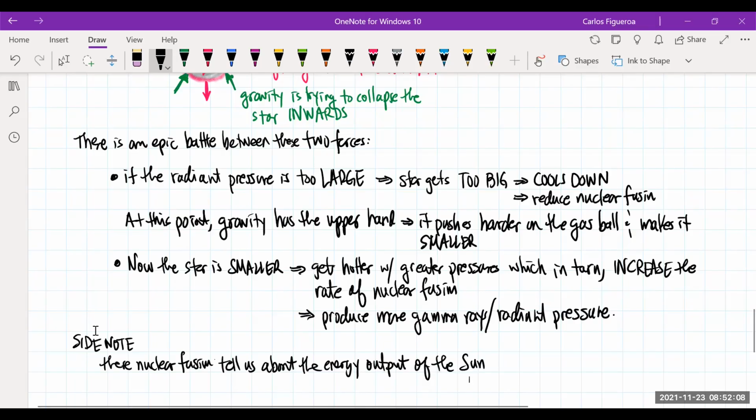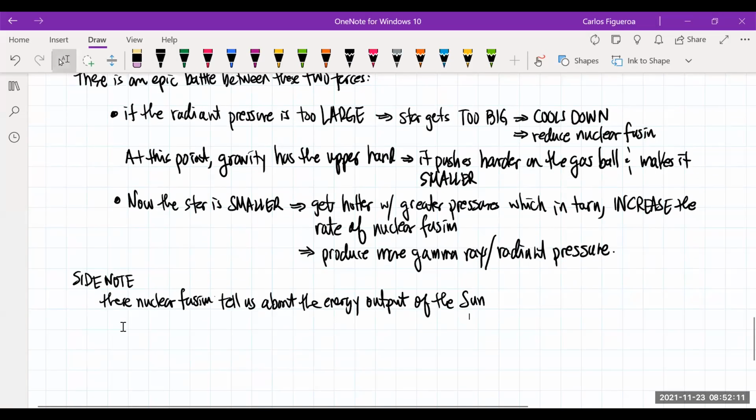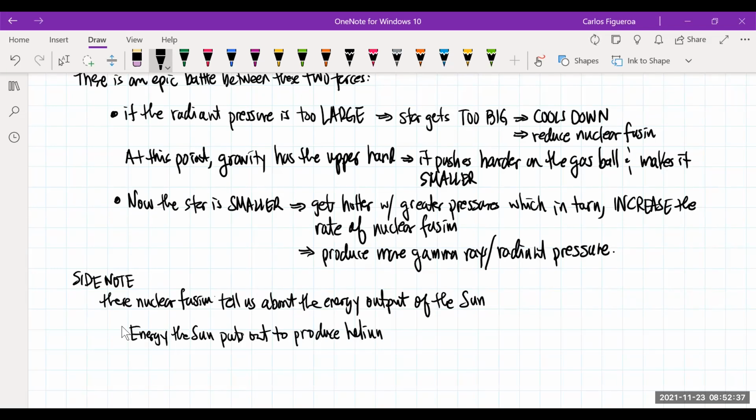So check this out. When we say the energy that the sun puts out to produce helium, right? So we're talking about the energy the sun puts out to produce helium. Remember, that's the gamma rays.